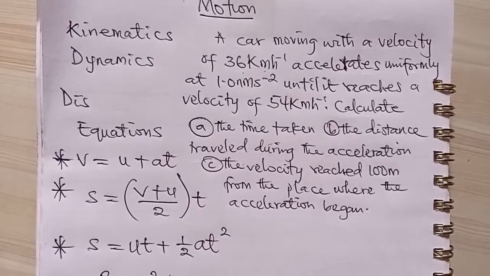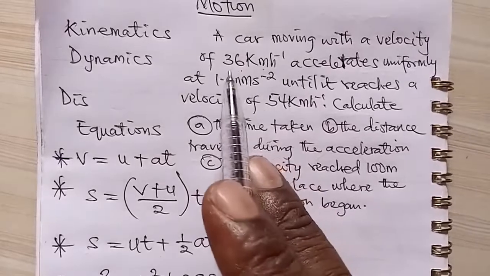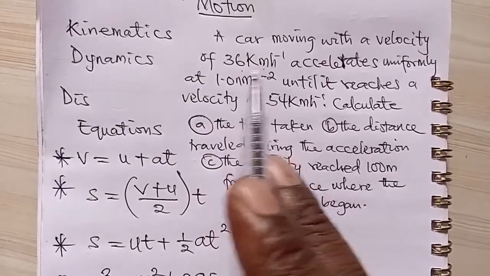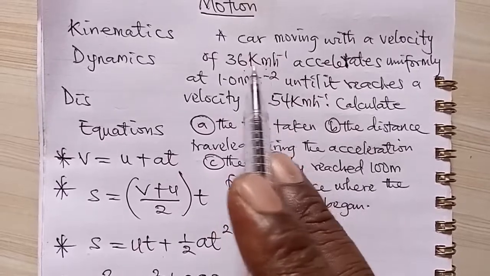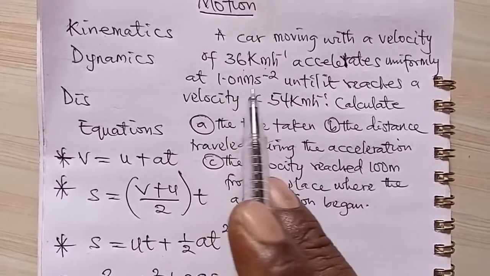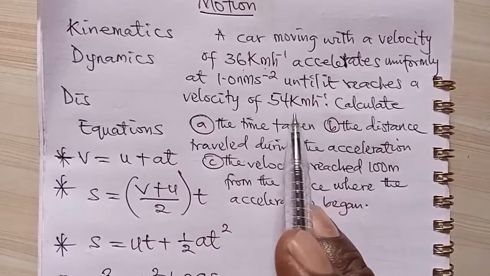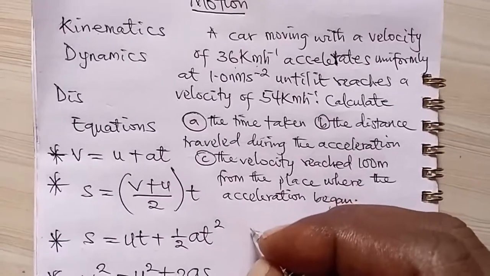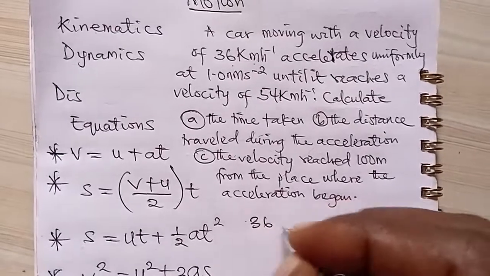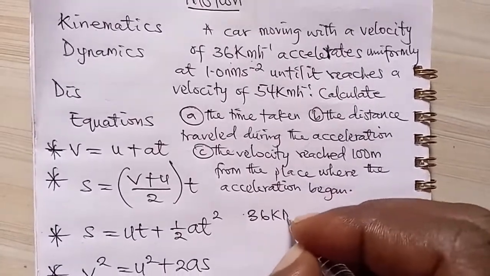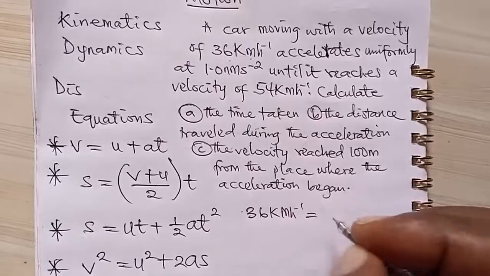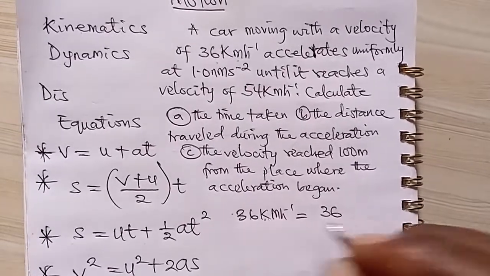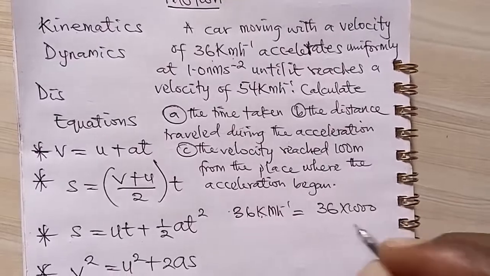Okay, here, first of all, we need to convert this to meters per second, because it's in kilometers. So for 36 km per hour, 36 kilo means 1000, so times 1000.